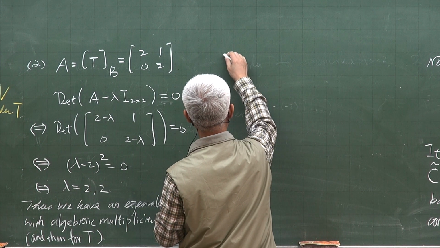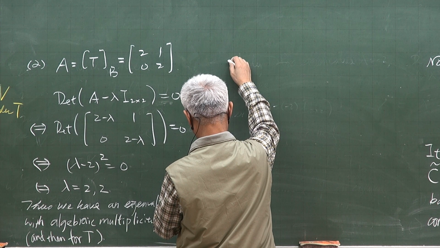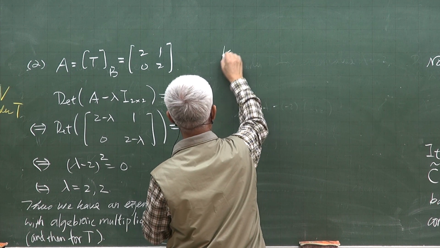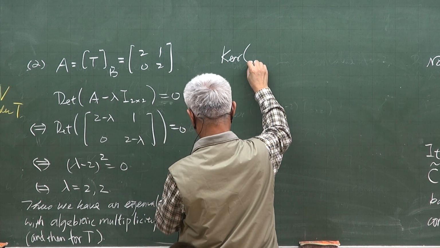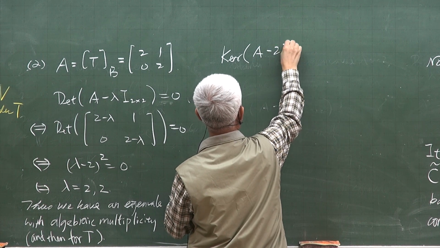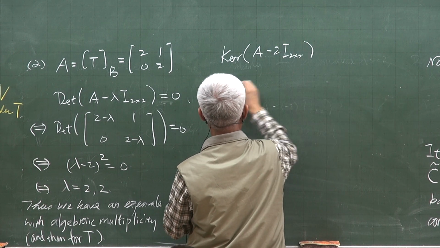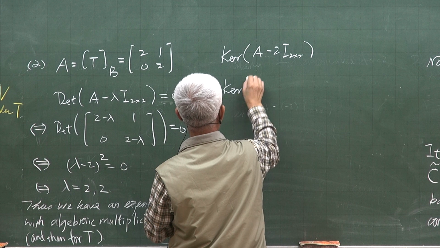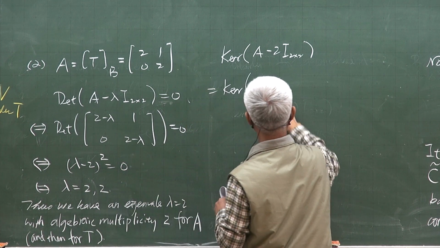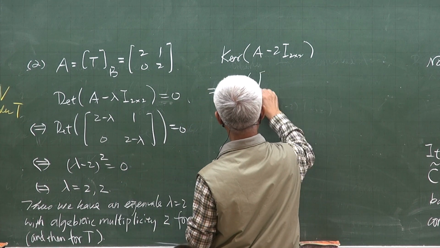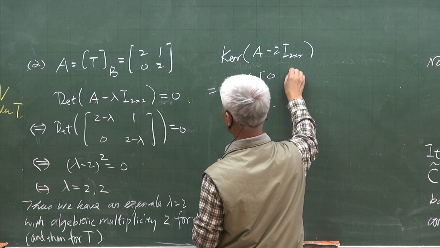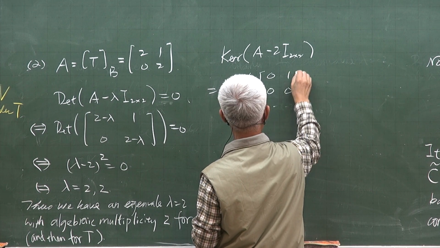Okay, so the kernel of A minus 2I, right, is the kernel of 0 1 0 0.